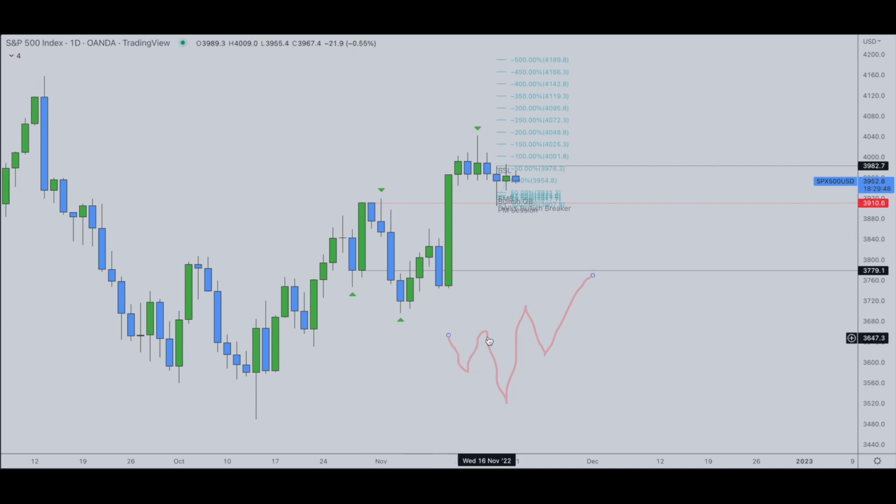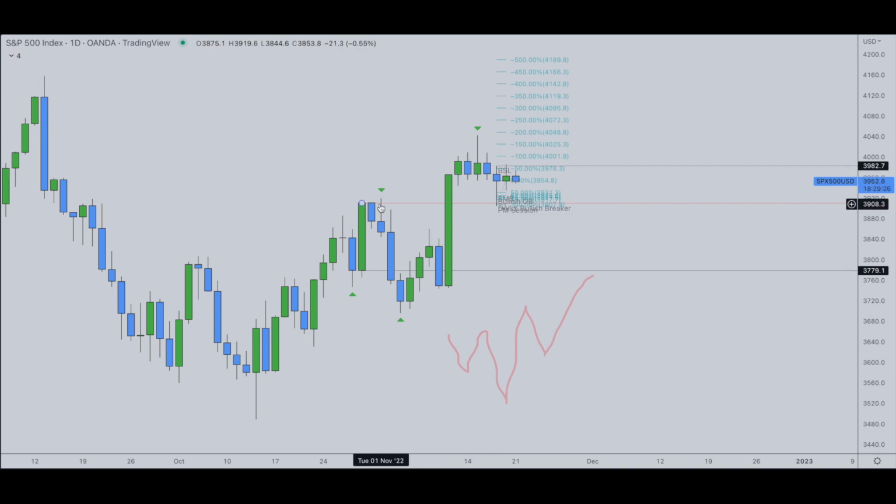Then we would be looking for an impulse move lower to take out the initial swing low. As we can see, price trades down, we form a lower low. And here, after we form this lower low, we are looking for a move higher to take out the initial swing high. So here, we get a slight retracement, but this is what we're looking for.